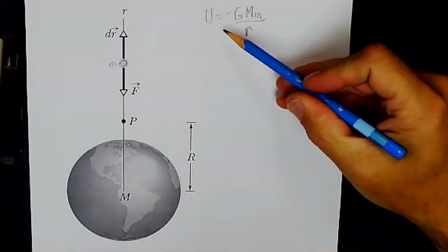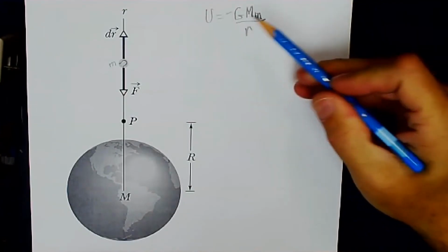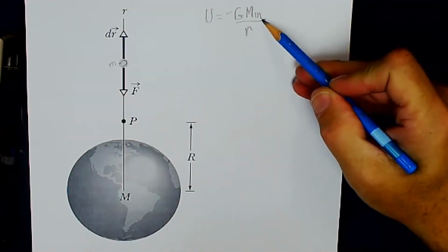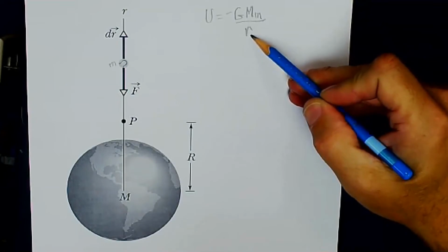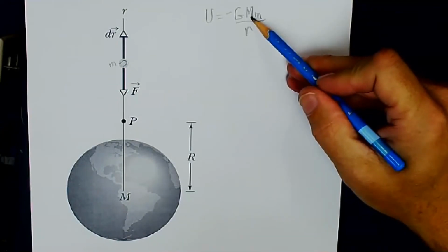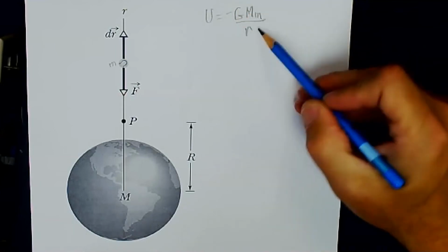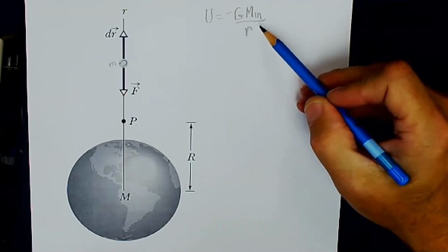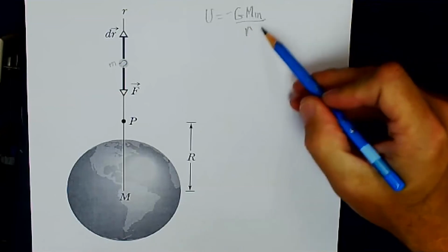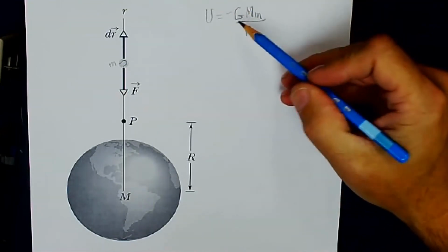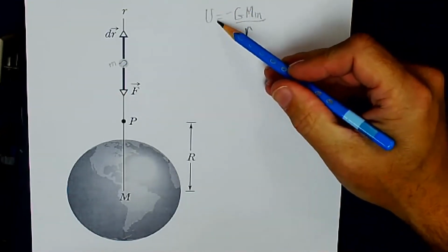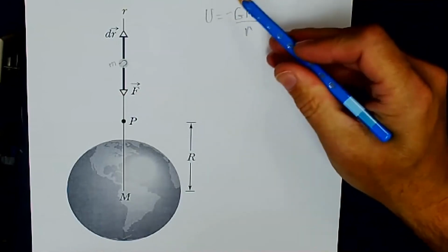Here's the expression for gravitational potential energy of an object of mass little m at this distance away from a planet of mass big M. We're going to prove this, but for now I'm going to present it to you. Let's just take a look at what this is saying. Remember, we're going to define our potential energy to be 0 at infinitely far away.